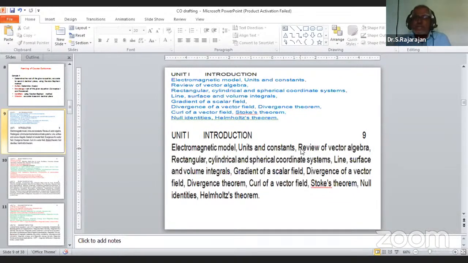This is actually remembering. The review is the remembering part, which is K1 level. Then rectangular, cylindrical and spherical coordinate systems, line, surface and volume integrals, gradient of a scalar field, divergence of a vector, curl, Stokes theorem, null identity, Helmholtz theorem. All these are in the first unit.